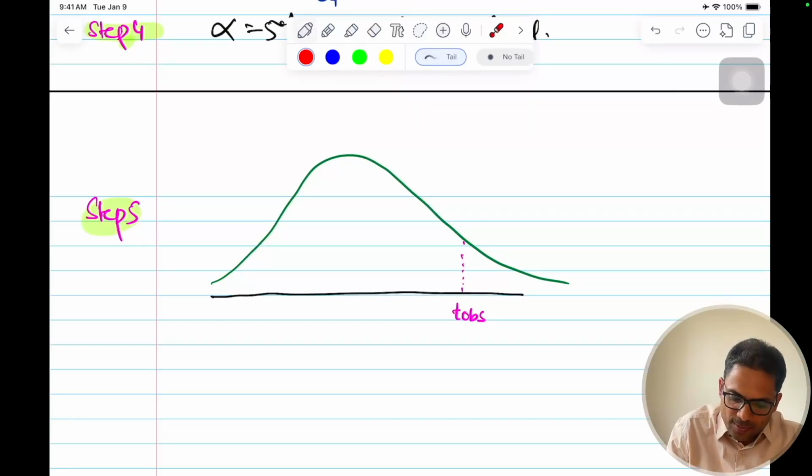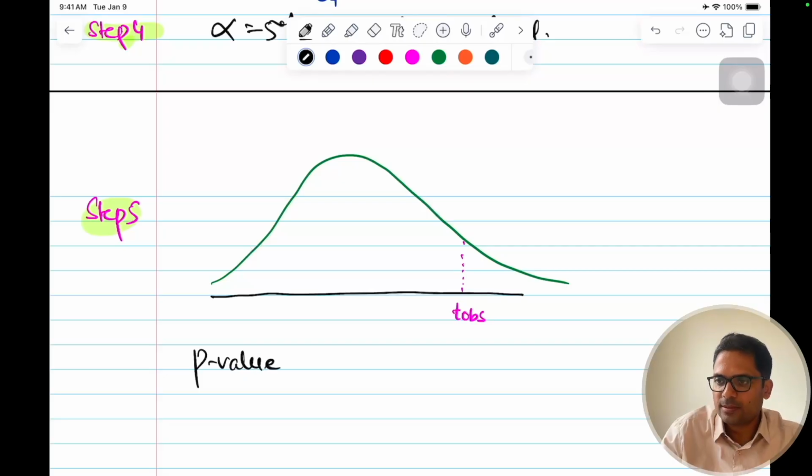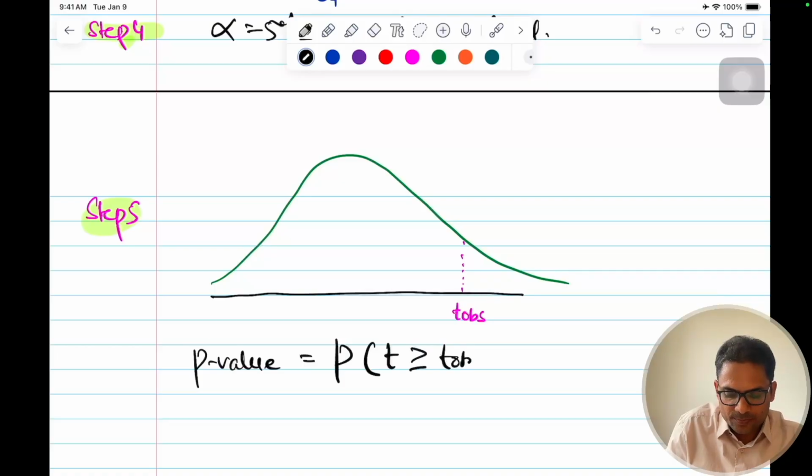So what will be my p value? My p value is equal to the probability of seeing any value t which is greater than or equal to t observed. This is a PDF of the t distribution.